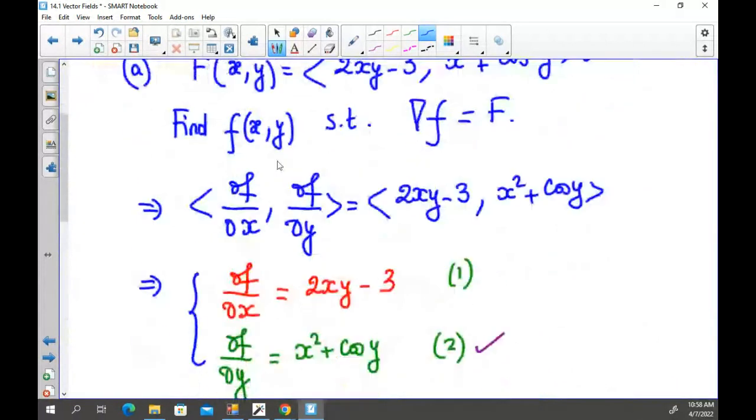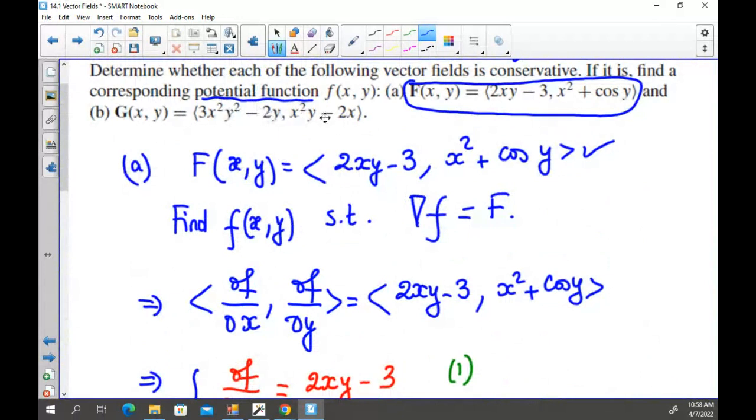It's kind of a long process. B, we can check B. Okay, let's try B. We don't know if it's conservative or not, but we will see what happens.